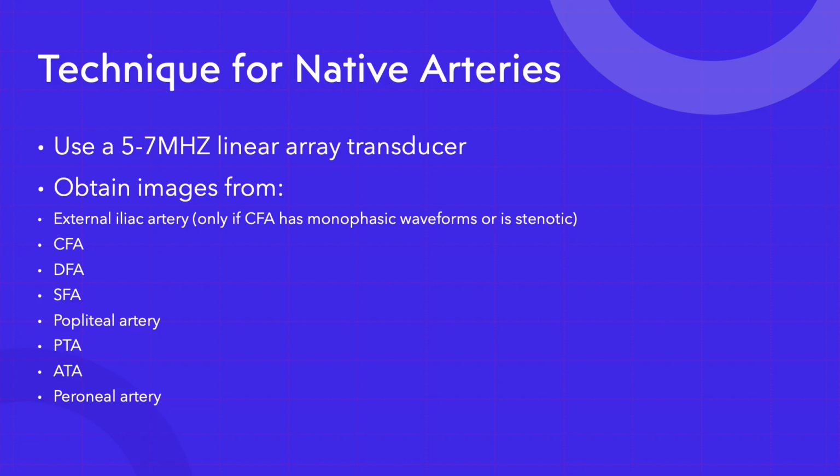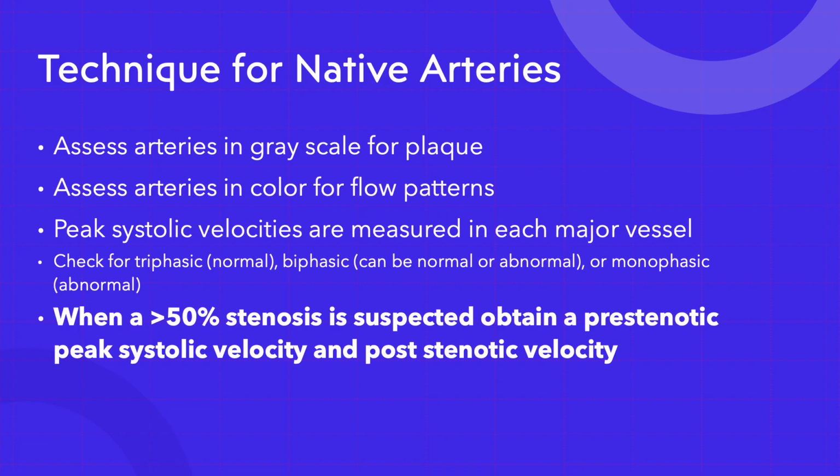Okay, so moving on down, the DFA, SFA, popliteal artery, PTA, ATA, peroneal artery. And that's bilateral. We will use the 5 to 7 megahertz linear array transducer. The technique, we're going to look at the arteries in grayscale. This helps us look for plaque.